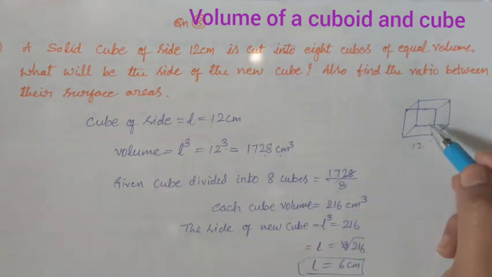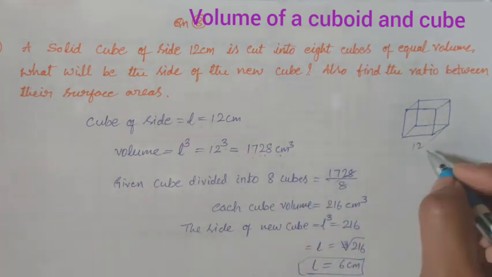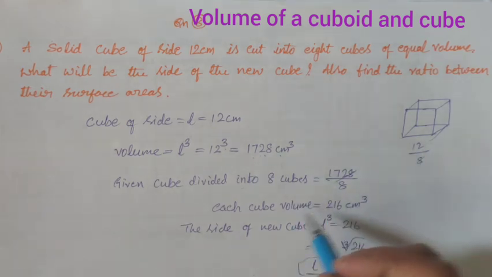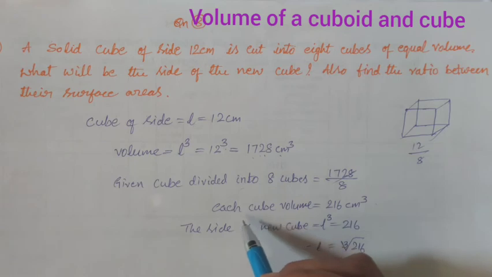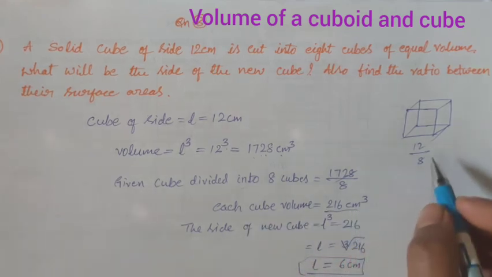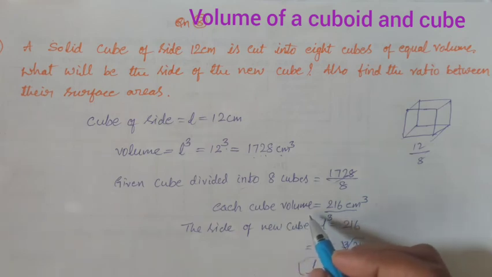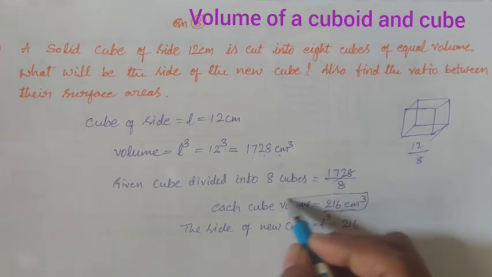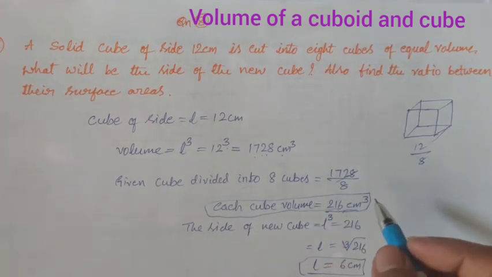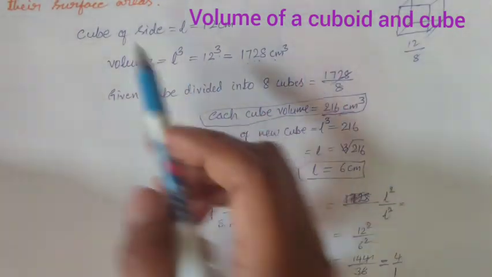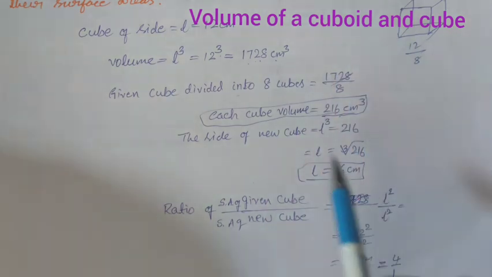Then each cube volume is how much? After getting the 8 cubes, each cube volume is 216 centimeter cube.